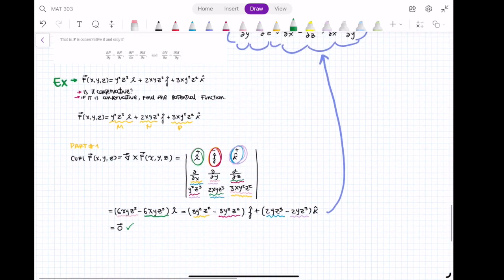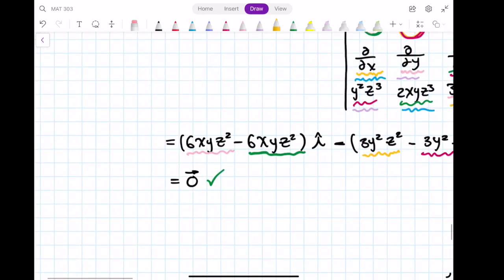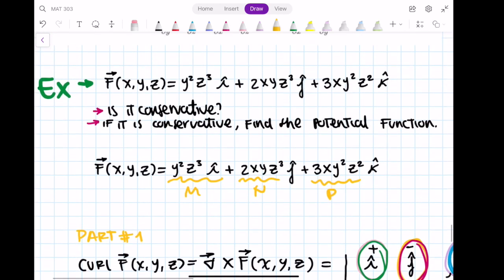So now the second part. We did this one. The second part is going to ask us for the potential function.